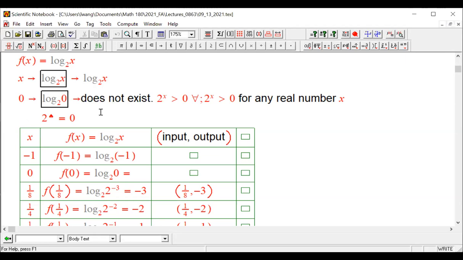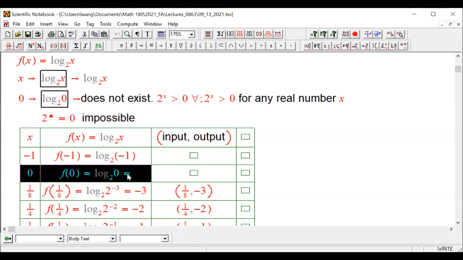So this is impossible. Such a state does not exist. You follow me? But the top is sufficient. So there's no definition. So 0 is not in the domain, and this is undefined.